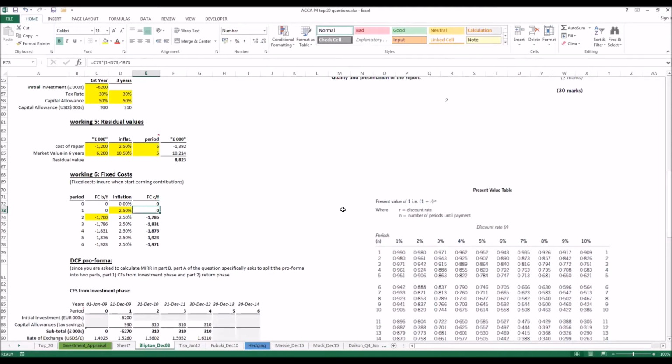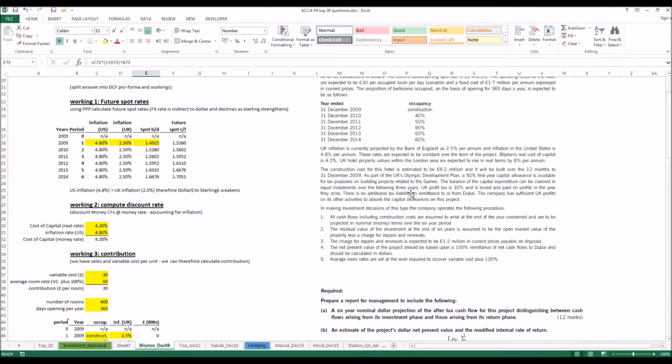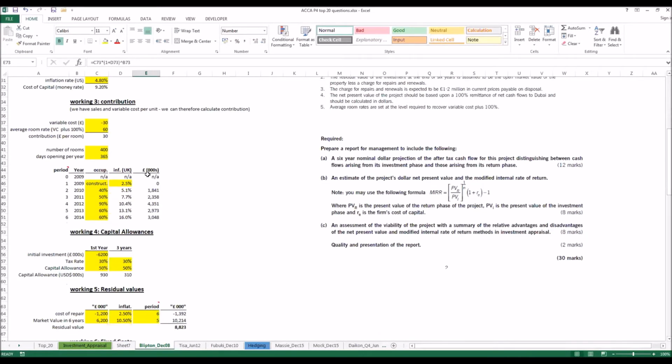We are told in the question that the charge for repairs and renewal, that the fixed cost, is 1.7 million. Here we go. Fixed cost of 1.7 million per annum, expressed in current prices. So again, we need to inflate the fixed cost year on year.